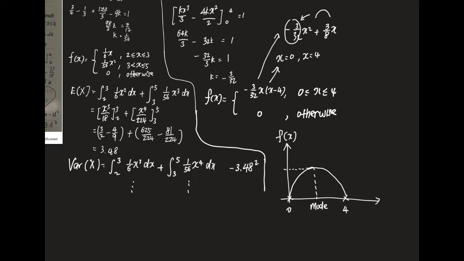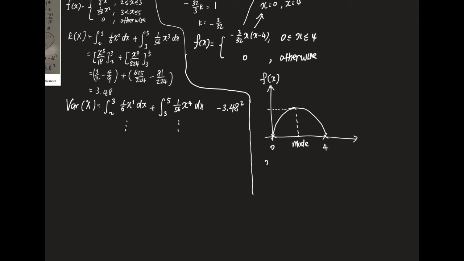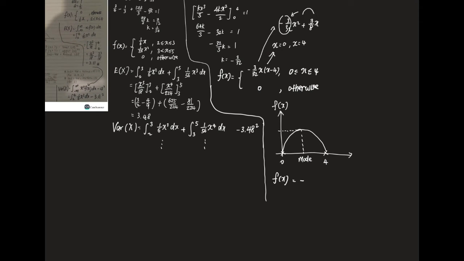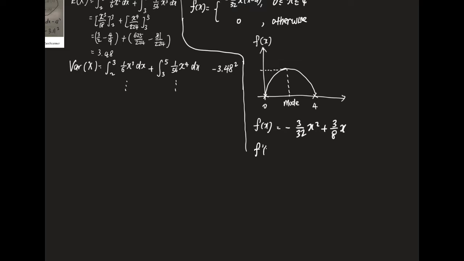In order to find this, we need to find the stationary point. We take f(x) equal to negative 3 over 32 x squared plus 3 over 8x. We differentiate this: negative 3 over 16x plus 3 over 8.